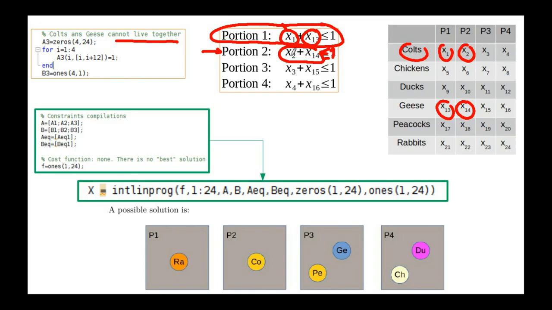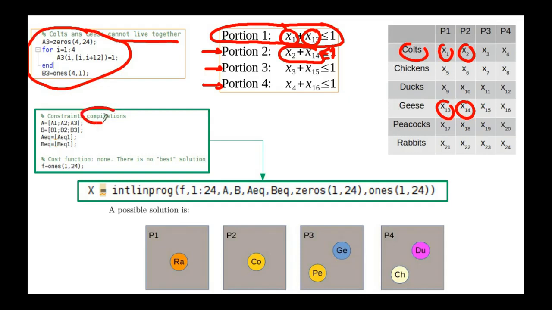So it will not be true to have cows in number 2 and geese in portion number 2. So the same goes for portion number 3 and portion number 4. And that's how I have written it. I have coded it into the MATLAB environment.